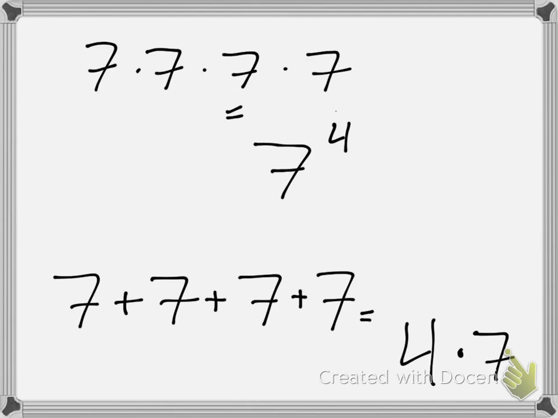So 7 plus 7 plus 7 plus 7 is 4 times 7, or 7 times 4. Either way works. But we care about exponents. When we're multiplying these numbers together, that's how we're going to get this little exponent right there.